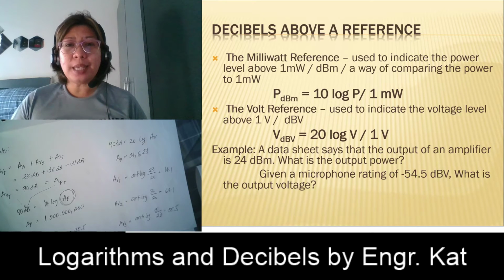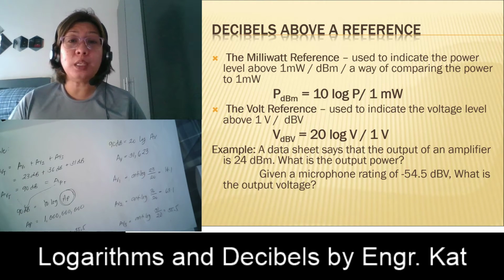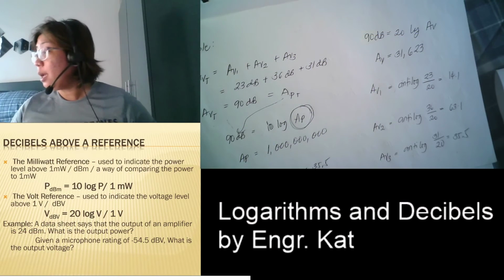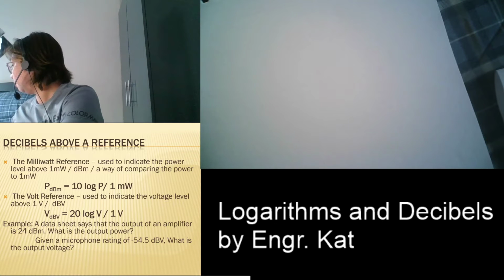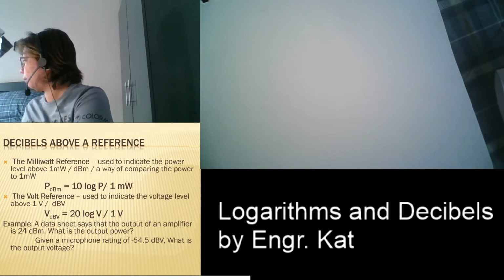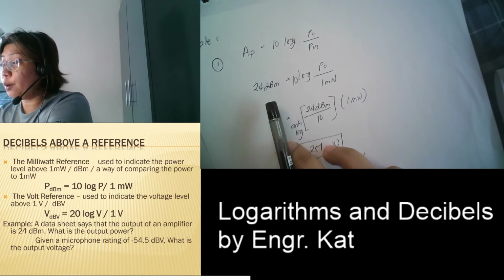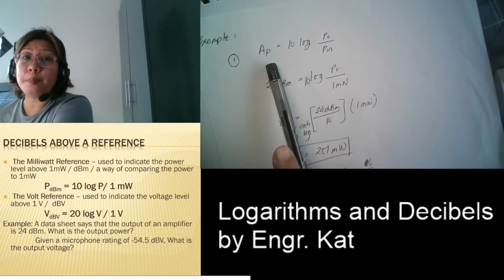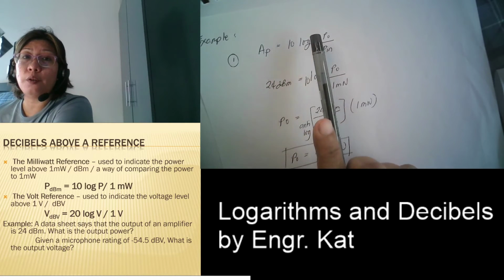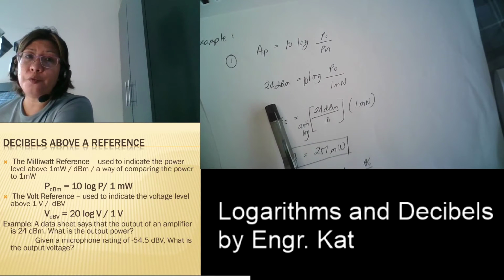A data sheet says that the output of an amplifier is 24 dBm. What is the output power? Okay, so we can solve for that. Your power gain in decibel is equivalent to 10 log of PO all over P in. So power in decibel is given by 24 dBm.